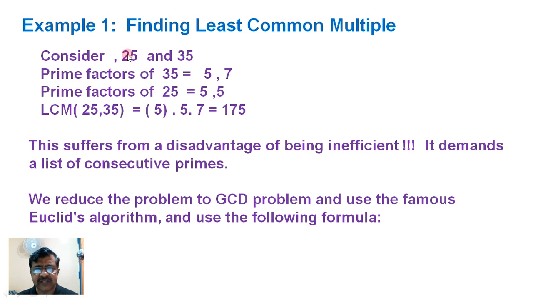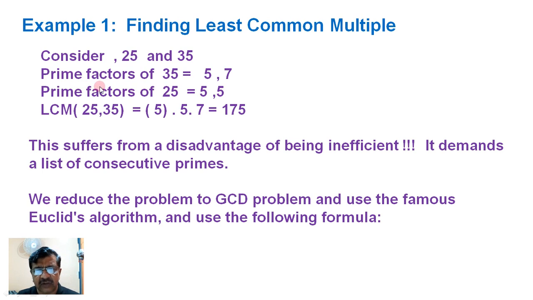Okay, the very first problem is finding the least common multiple, that is LCM. If you consider 25 and 35, our middle school procedure, our nostalgia, will just remind us how we used to find the least common multiple.